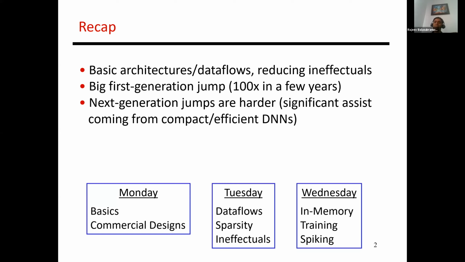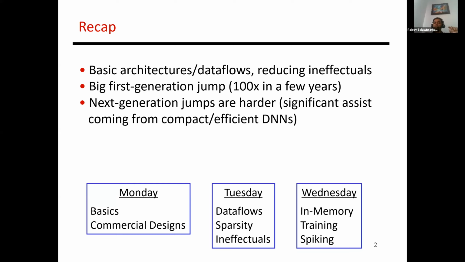There are some low-hanging fruits where you can get a 10x improvement without a huge cost in terms of design complexity and metadata. But there are several other innovations where the improvement may only be about 2x, and the corresponding complexity is also a lot higher. So I think the next generation jumps are going to be much harder to get.